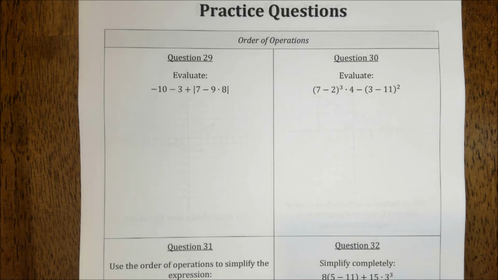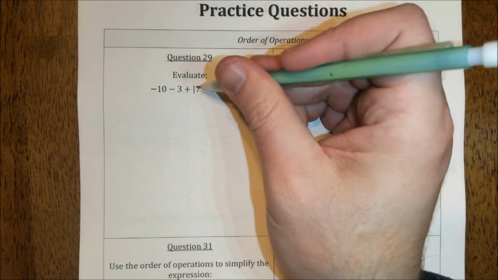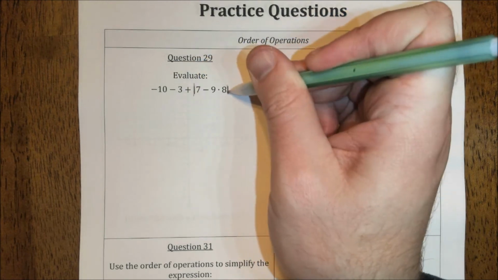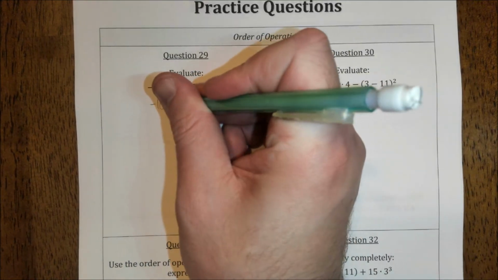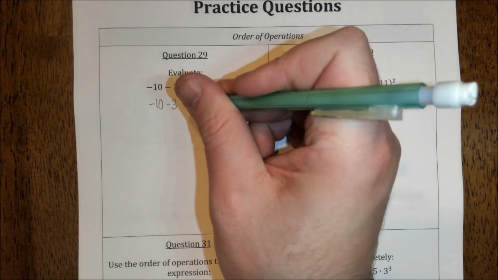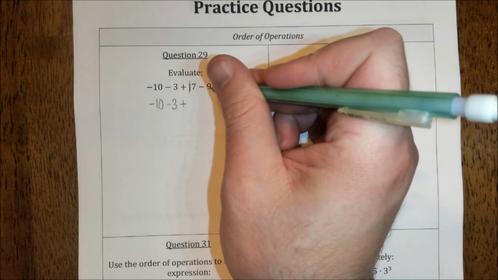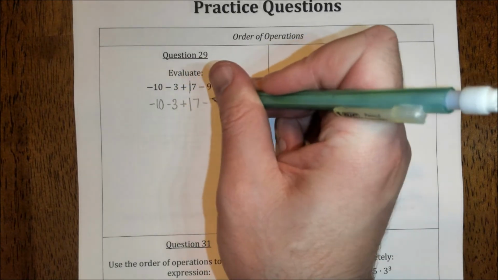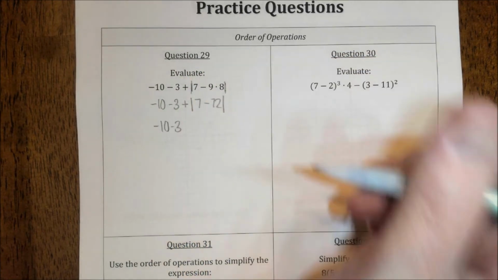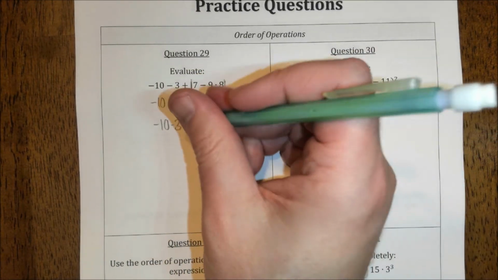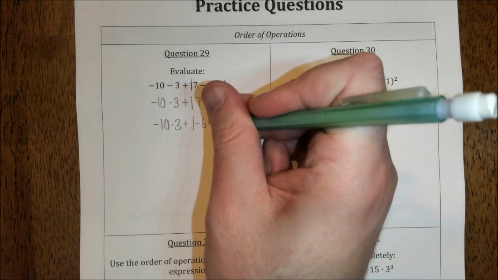Question 29 wants us to evaluate. That just means use the order of operations to simplify. These bars are called absolute value, and we treat them just like parentheses, but also when we're done, we make our answer positive inside. So -10 minus 3, plus 9 times 8 is 72. 7 minus 72 is -65.